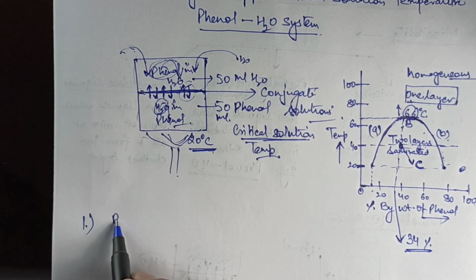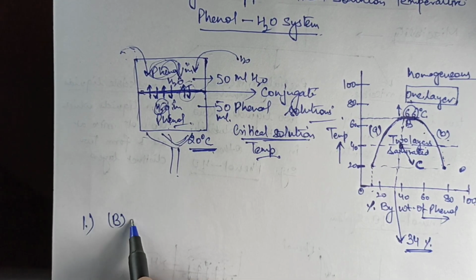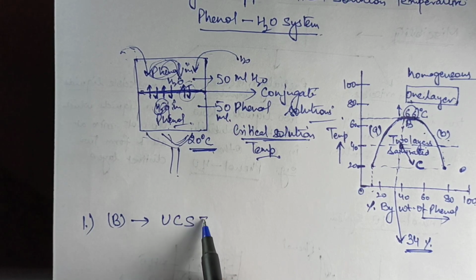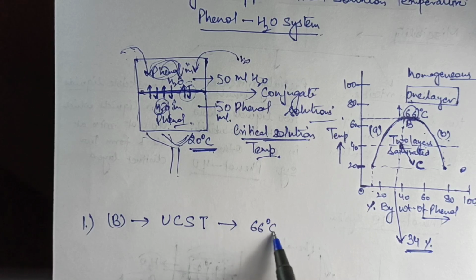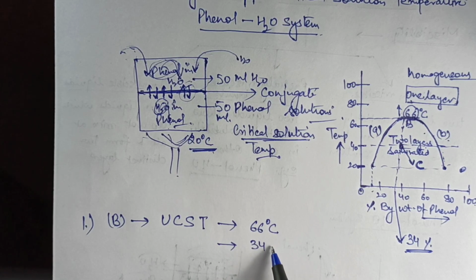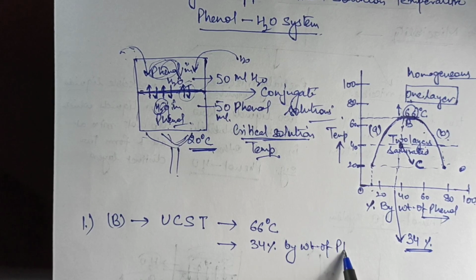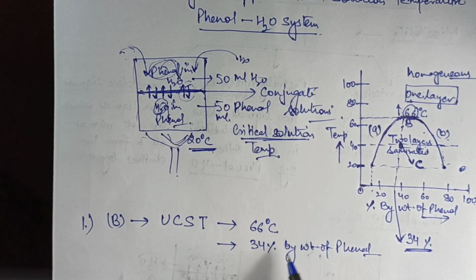The point B in this graph represents the upper critical solution temperature, which is around 66 degrees Celsius and has a composition of 34% by weight of phenol, and this composition is known as the critical composition.